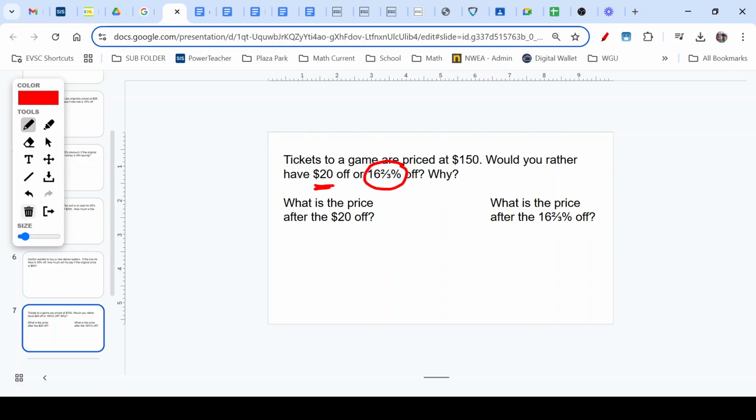So when we cross multiply, 100x equals 2,500. Divide by 100 to get rid of that coefficient, and we get a $25 discount. So this is $25 off, and this is $20 off. We're going to pay $130 after subtracting the discount of $20.